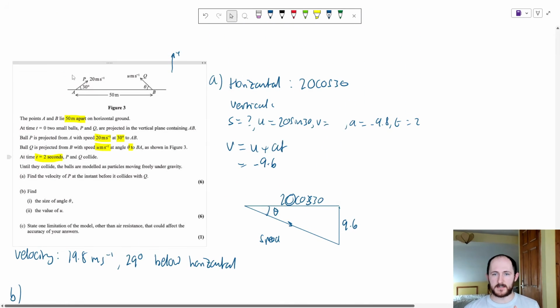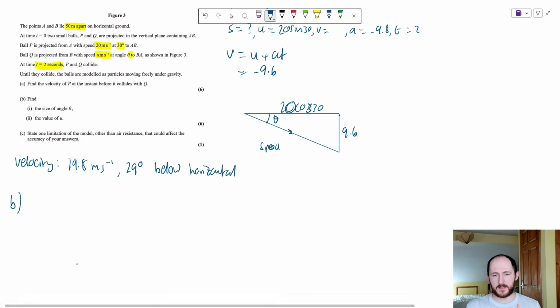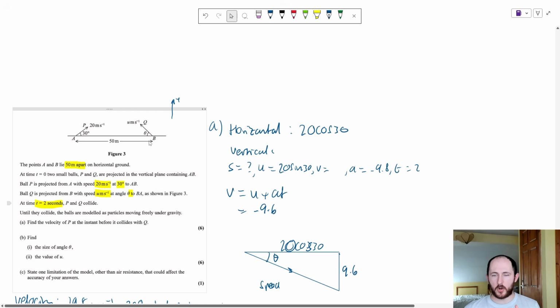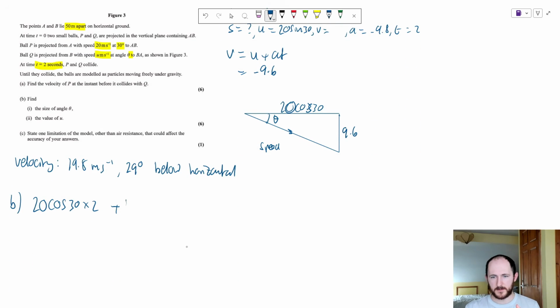So the horizontal distance for P is 20 cos 30 times 2 plus u cos theta times 2. That should equal 50. So I'm going to divide through by 2. Boom, boom, boom.